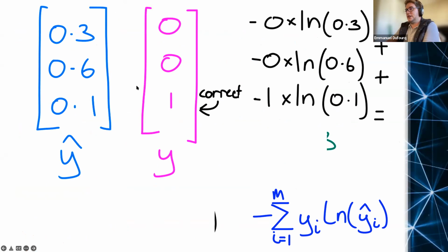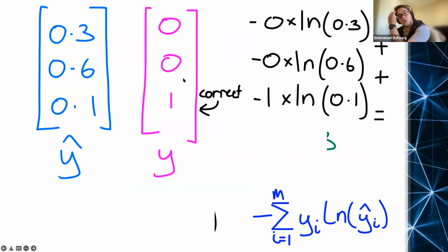So let's look at this little example where we have used softmax, and we have our network softmax values y hat, and we have our correct one-hot encoded vector. These values were obtained using softmax, and these values were obtained using one-hot encoding.